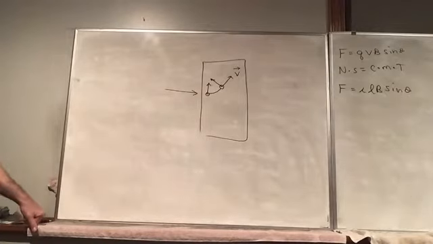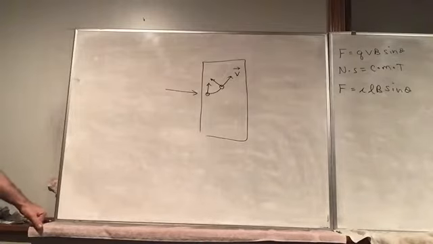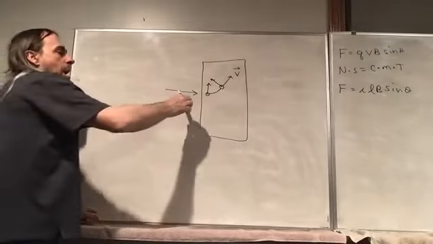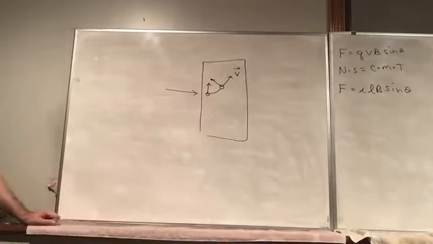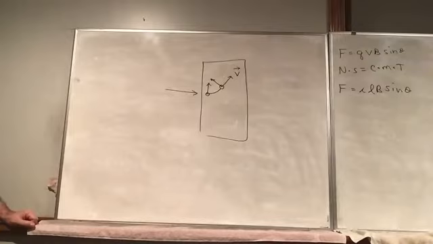If there's no work being done on it, and we're ignoring gravity or any other forces, then from the work-energy theorem its kinetic energy is constant. So this object will move at a constant speed.